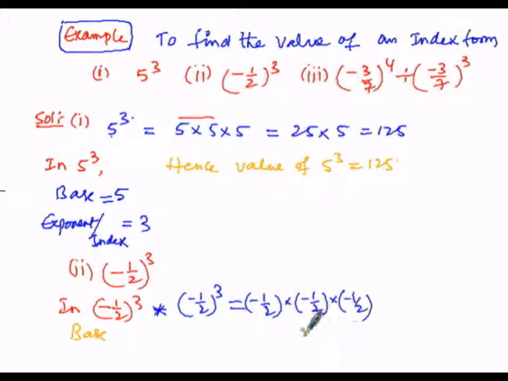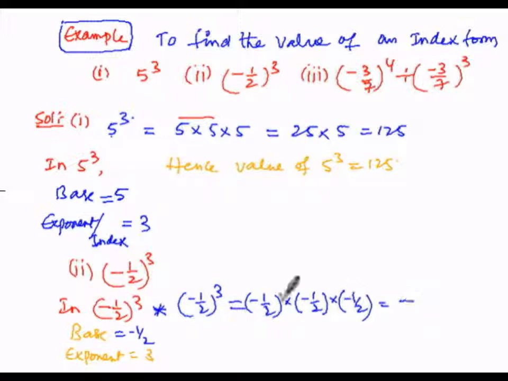So the repeatedly multiplying factor is minus 1 by 2, therefore the base is minus 1 by 2. Here it is multiplied 3 number of times, so the exponent will be 3. Its value, by multiplying the first two factors: minus of minus is plus, then plus into minus is minus.